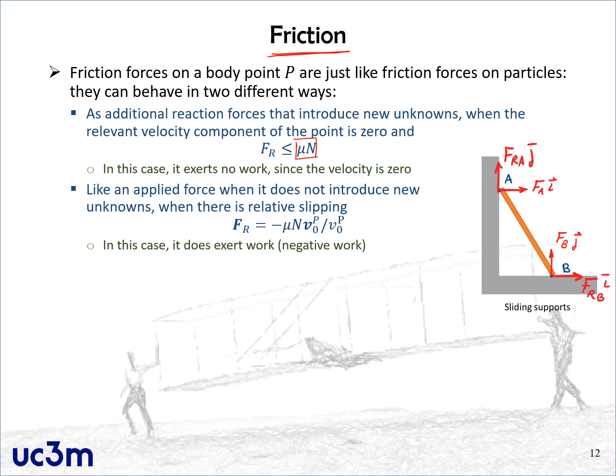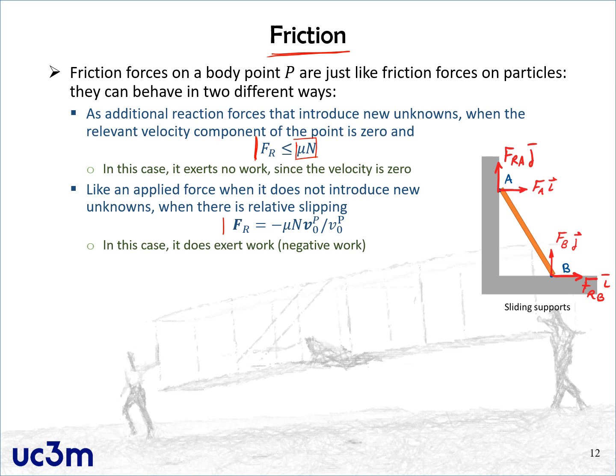So we just introduce an extra unknown parameter for this friction force, and we try to solve the problem accordingly. Of course, we have to constantly monitor this condition, because if the magnitude of the friction force happens to become greater than this value, then we will jump to the second case, which is this one over here.